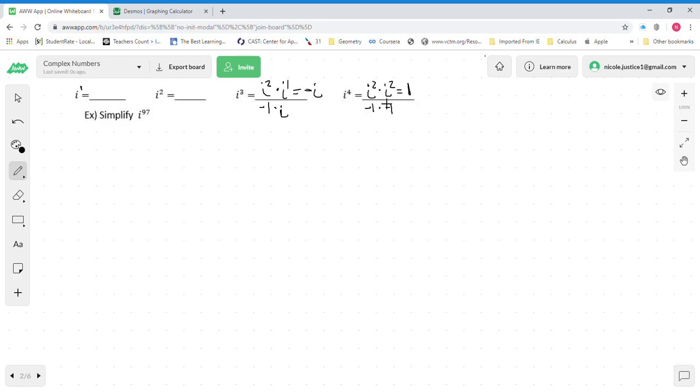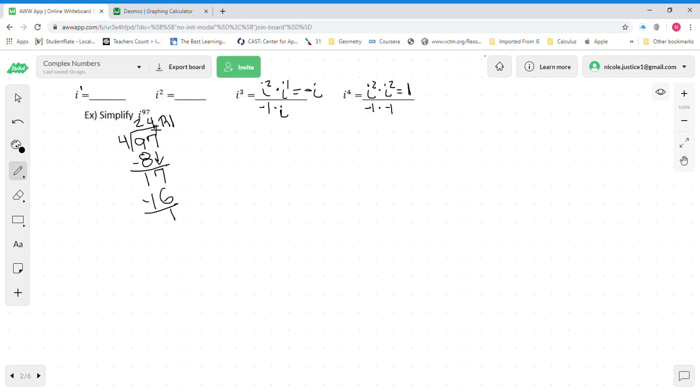Now, in order to simplify anything that's a higher exponent, you just have to remember how to divide by 4 and use your remainders. So the first thing I'm going to do is take my exponent and divide it by 4. So 4 goes into 9 2 times. Bring down my 7. And then 4 goes into 16 4 times. And we have a remainder of 1.